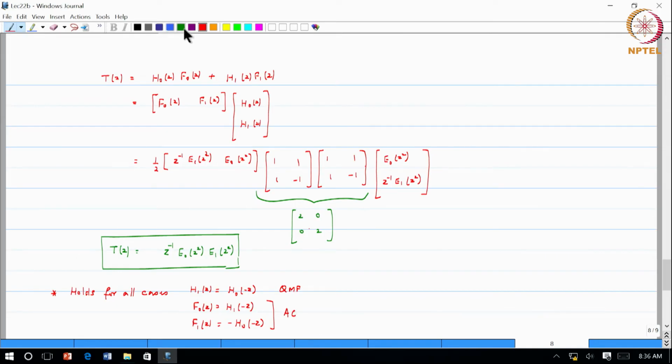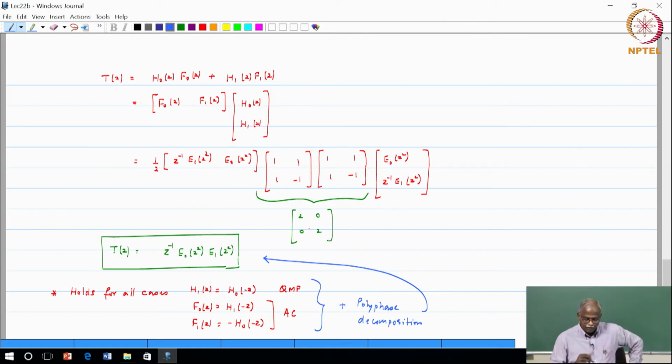Now if I satisfy these two and then combine it with polyphase decomposition, then aliasing is cancelled and I get my transfer function T of Z given by this expression. T of Z is half H0.